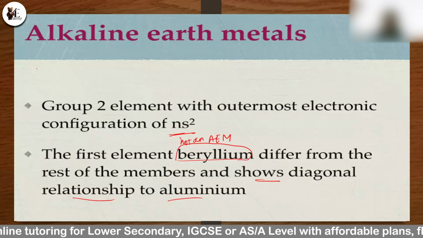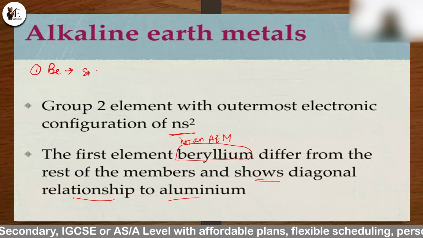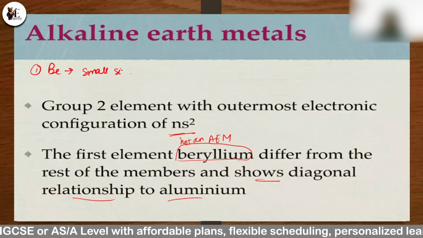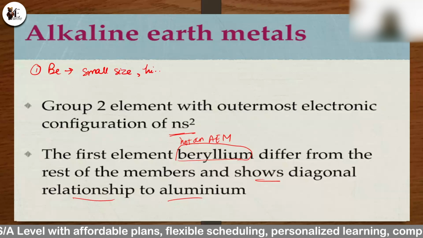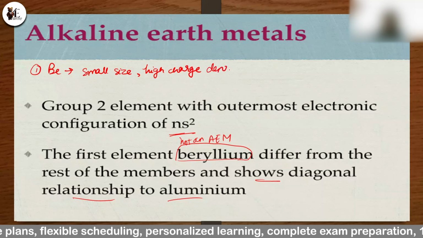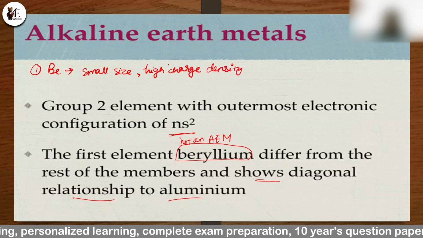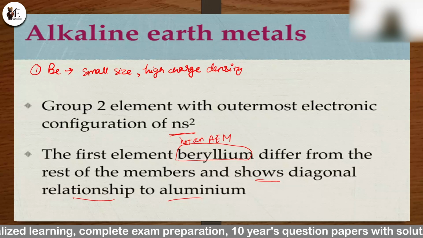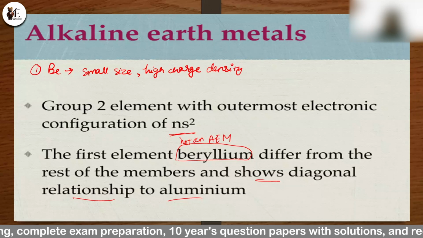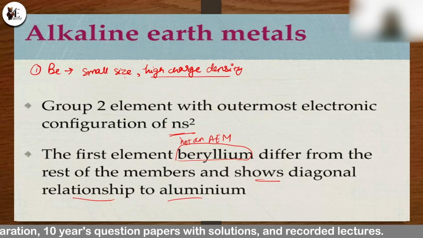So what do you write? You have to write a few points: beryllium, due to its small size and high charge density. You know that beryllium is the smallest. It has the smallest atomic and ionic radius among the alkaline earth metals. That's why its atomic radius is small and its charge density is higher.